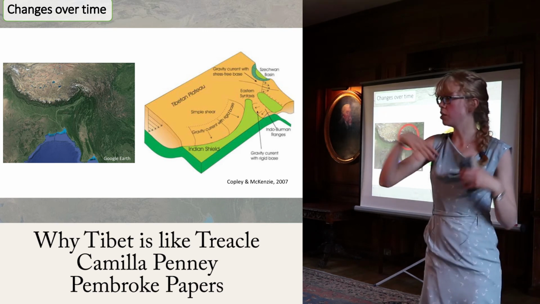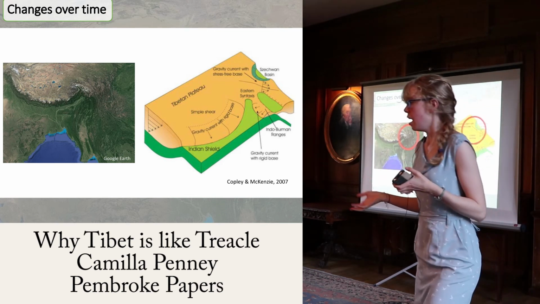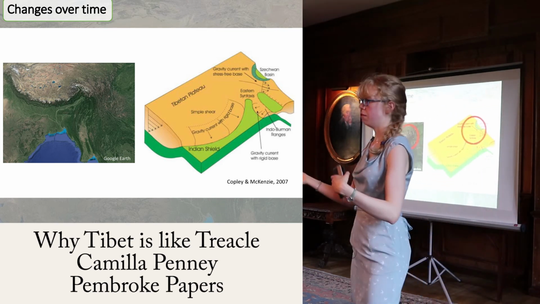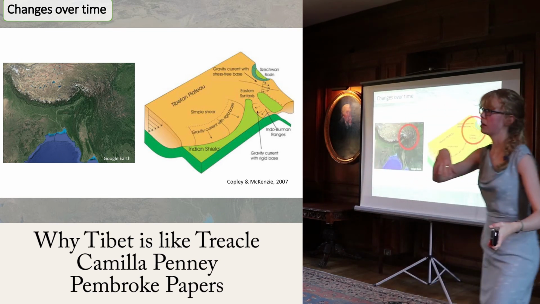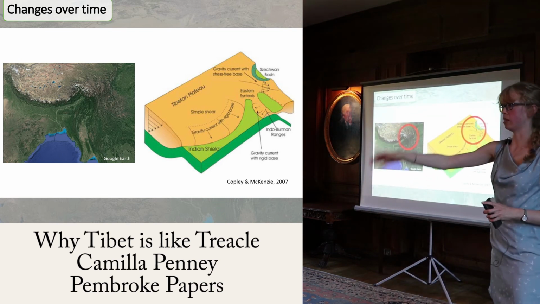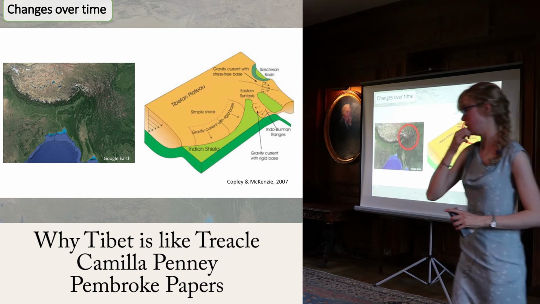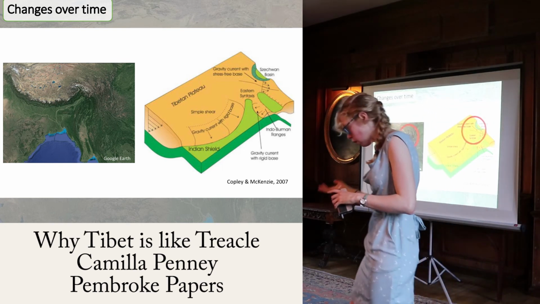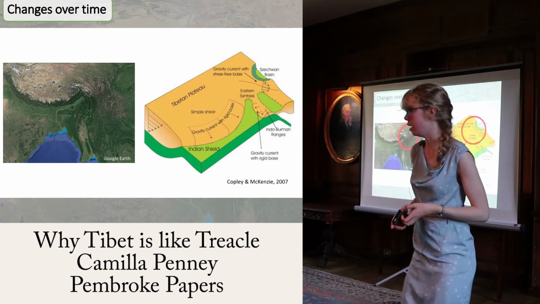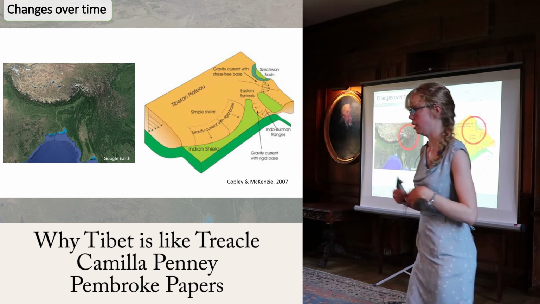And so you change what happens at the base. And if we know how high it was at different times in the past, then we can start to think about when this needs to have changed, and can we say something more about the physical properties of the lithosphere by looking at it.